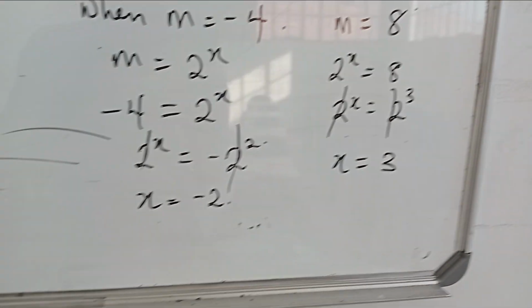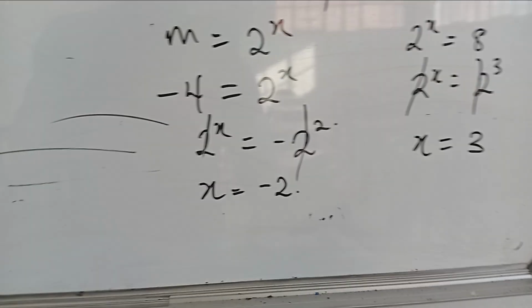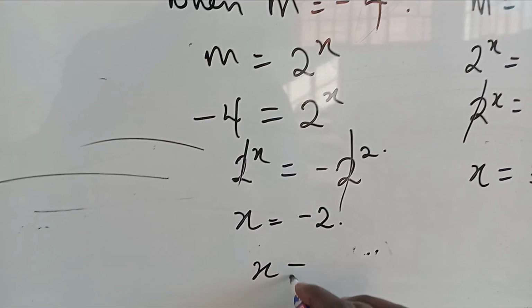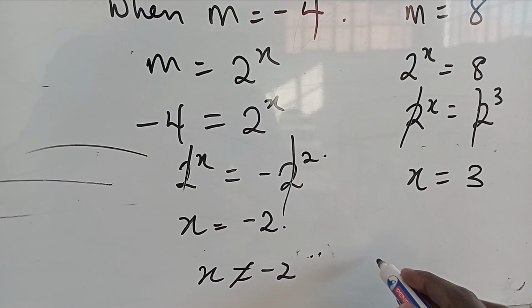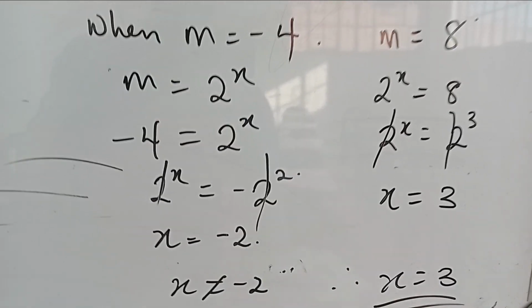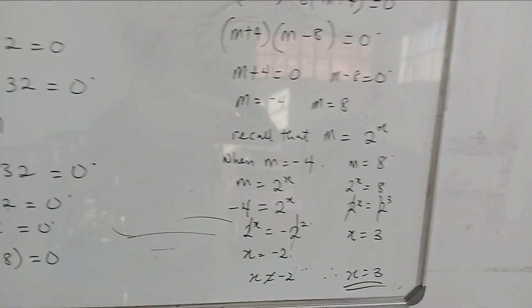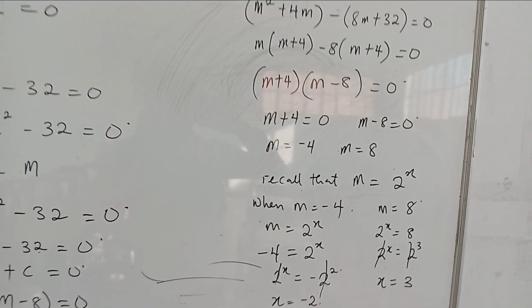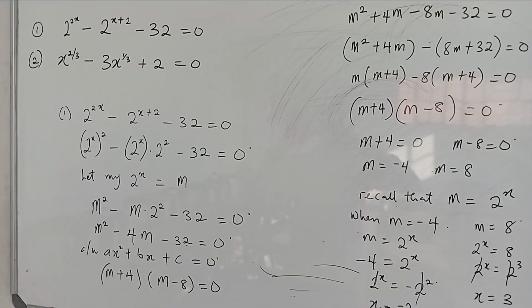Therefore, from this, the value of x is a real number. So we can say that our x is not equal to negative 2. Therefore, our x is equal to 3. So this is how to solve an exponential equation that leads to a quadratic equation.